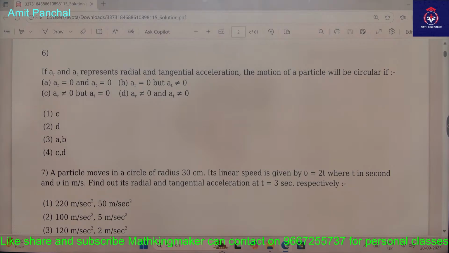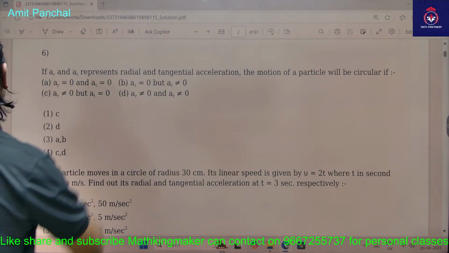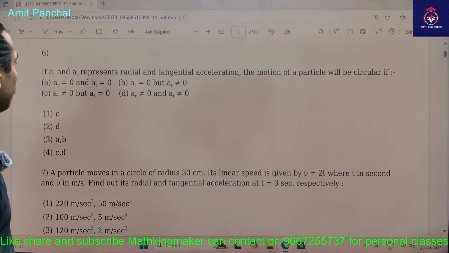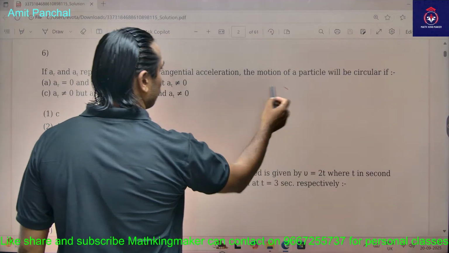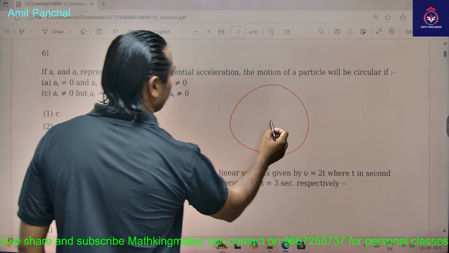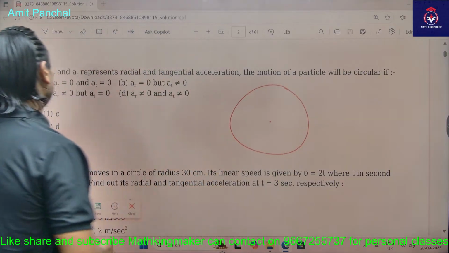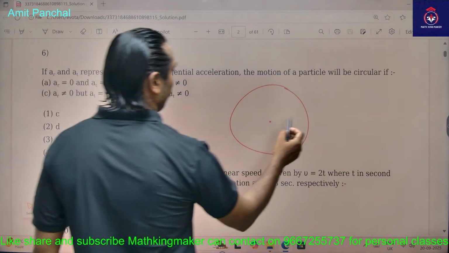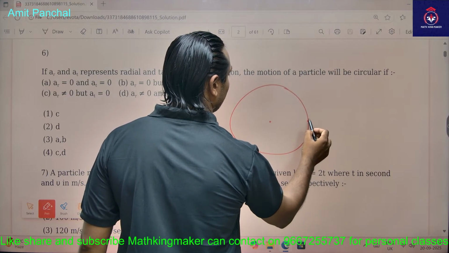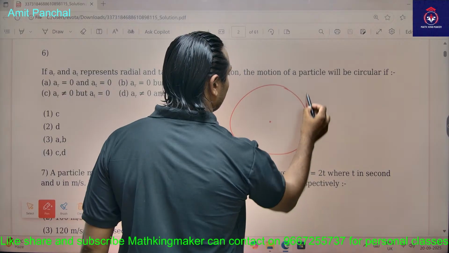If AR and AT represent radial and tangential acceleration, first of all, we'll understand. See, at this particular point, let us say the particle is moving in this direction.